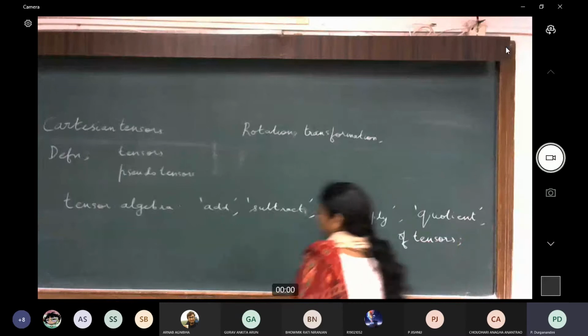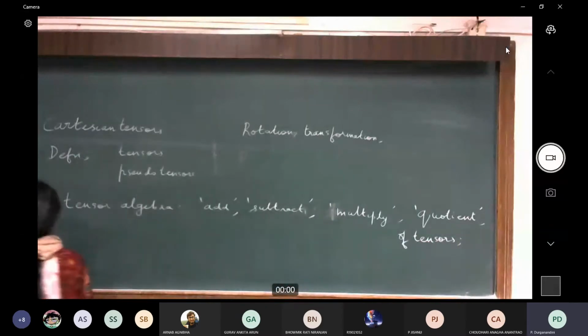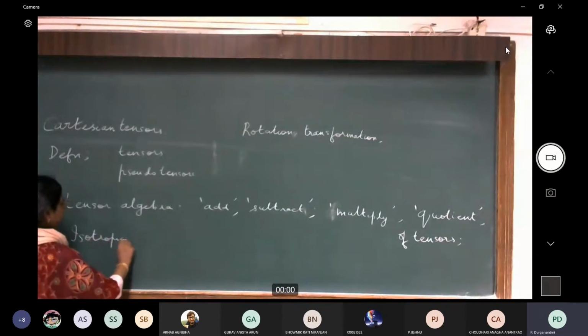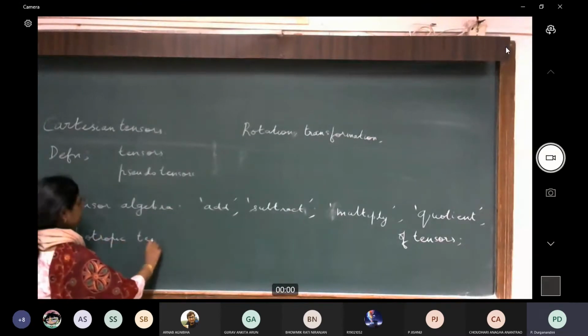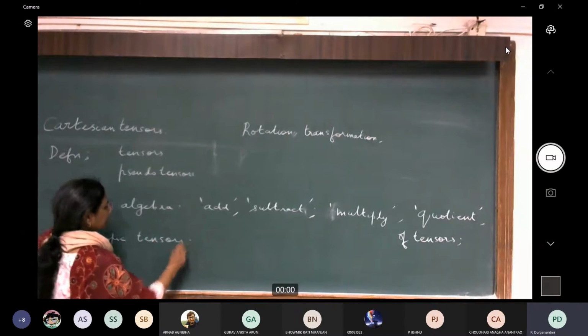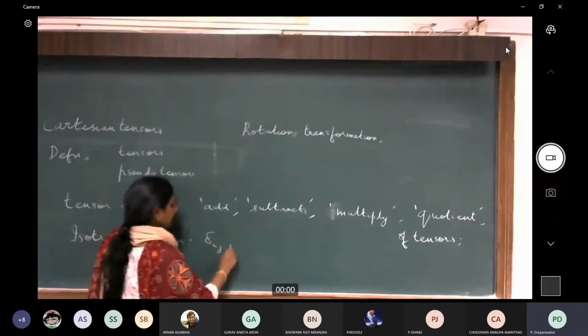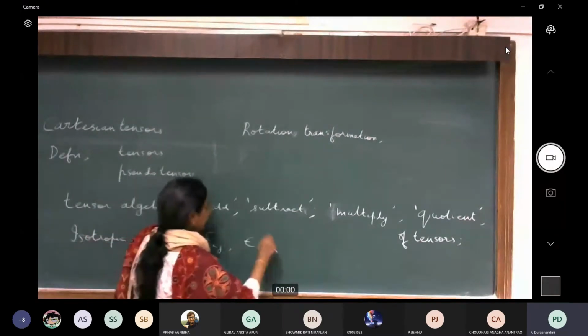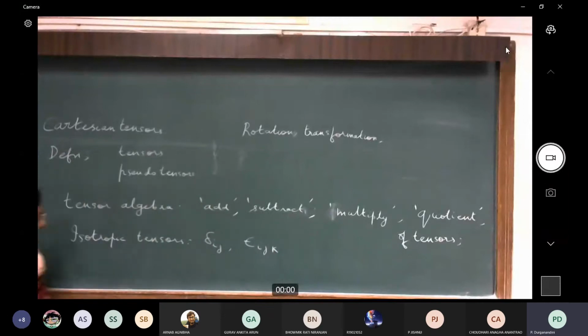Then I introduced some specific isotropic tensors, in particular delta ij and epsilon ijk. And then using that, we can combine them to get more general isotropic tensors.